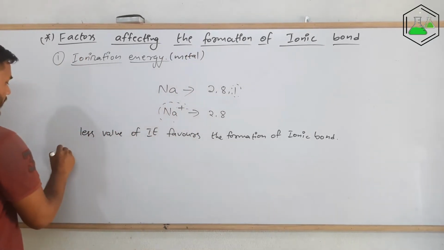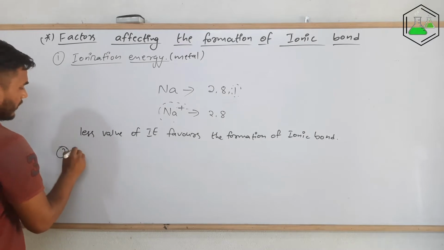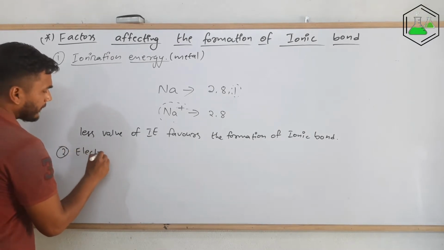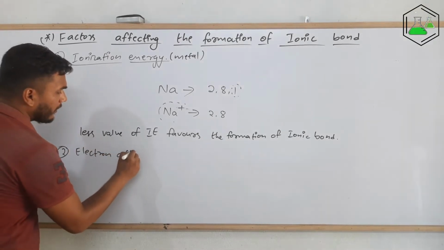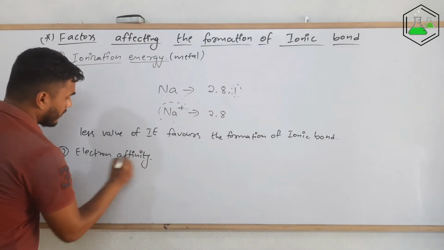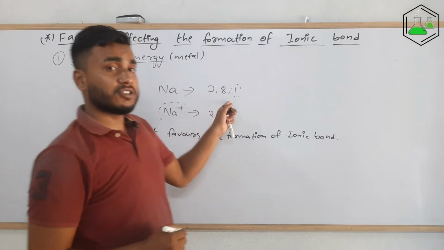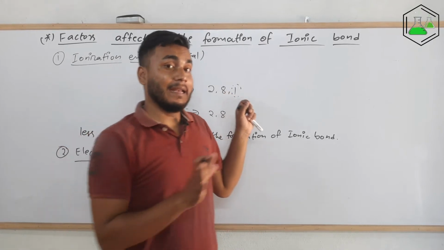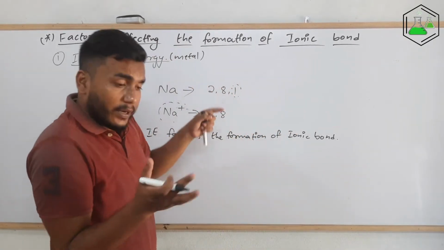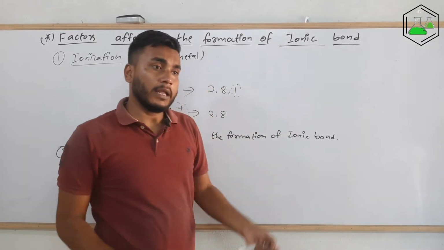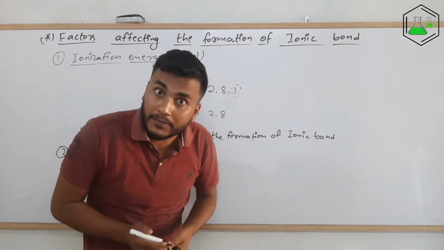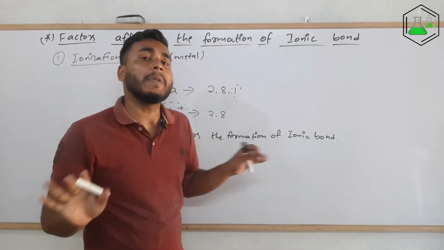Now for the non-metal case, number 2, there is electron affinity. Now to remove the outermost electron, we need to supply energy. Now if we put in one extra electron, then energy will be released from there. Are you getting me? This is a very simple concept, okay?